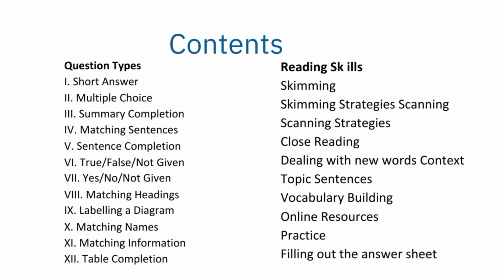So if we get a yes, no, not given question, and we found the answer is no, and we wrote false in the place of no, we will think that both answers are correct or basically the same, but our answer will be marked incorrect. So you should read the question first. Then matching information, matching headlines. Like that, there are 11 different question types.